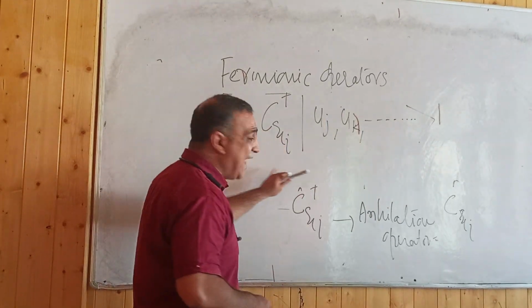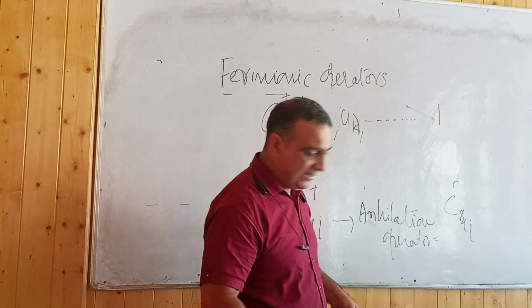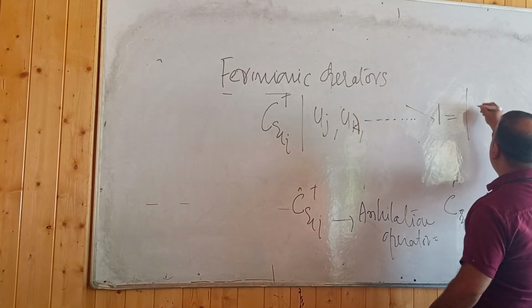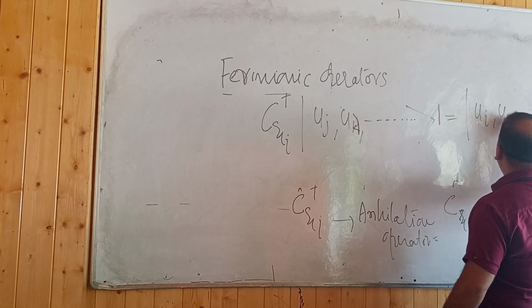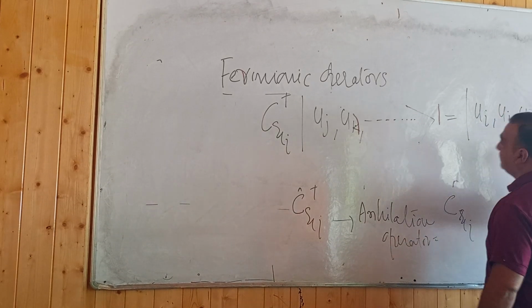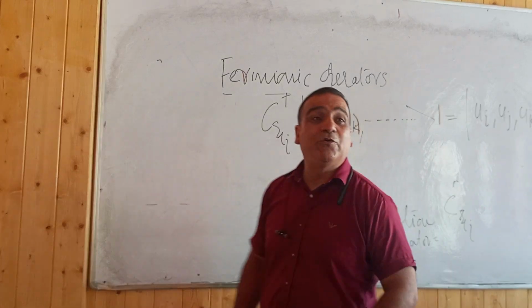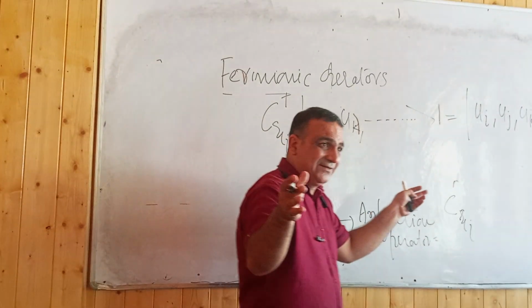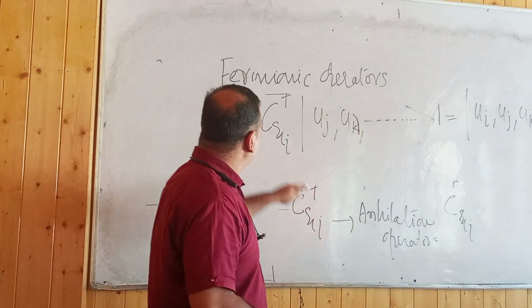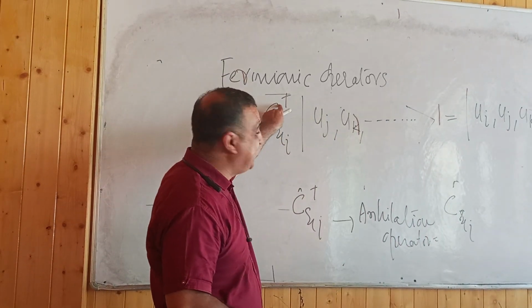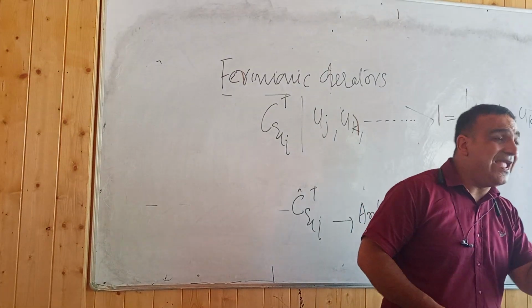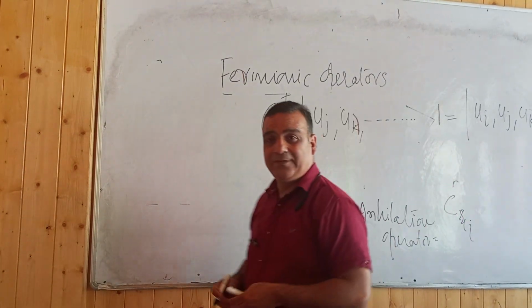So what will be the outcome? The outcome will be u_i, u_j, u_k, and so on. c_i dagger acting on this state will add u_i to this state.